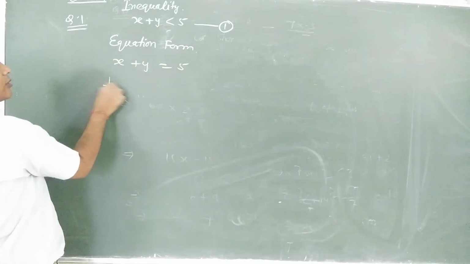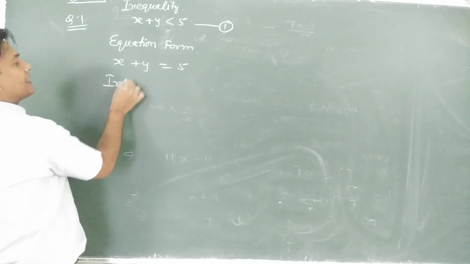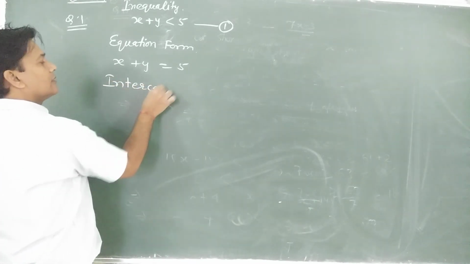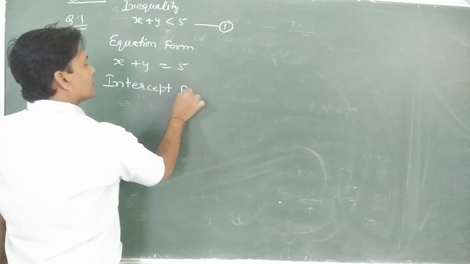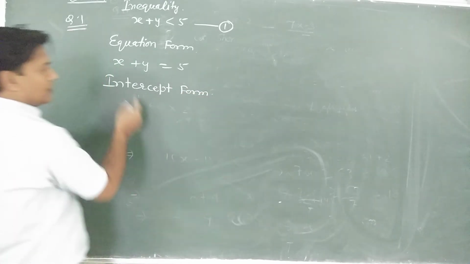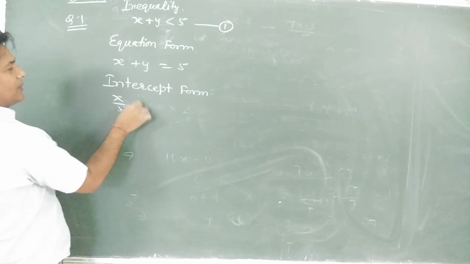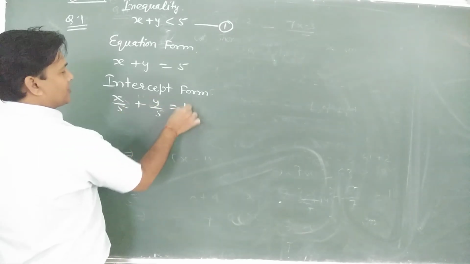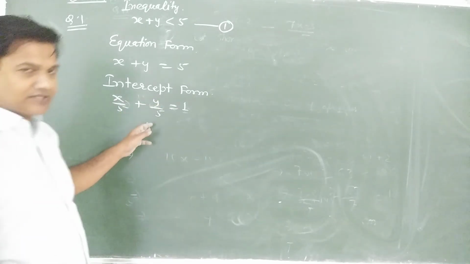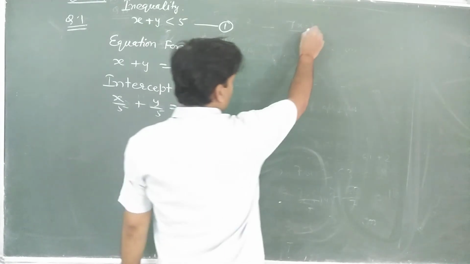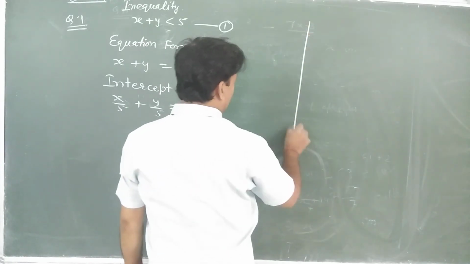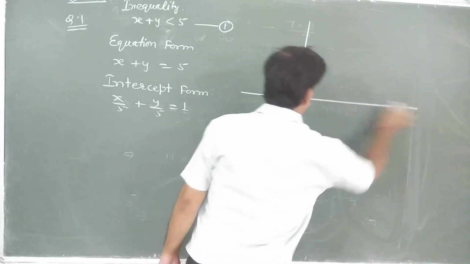And now I am going to convert this into intercept form. Divide by 5 in the whole equation. So x by 5 plus y by 5 is equal to 1. This form helps us to construct a graph very easily.